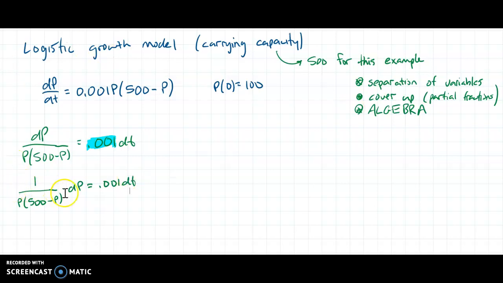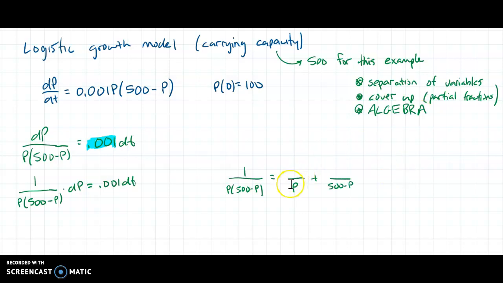Now, the reason I did that is because this thing is not integratable in its current form. I need to split this into two fractions. So that's where my cover-up comes into play. I'm just going to do some little scratch work over here. 1 over P times (500 minus P) equals, well, we know that's got to be something over P plus something else over (500 minus P).